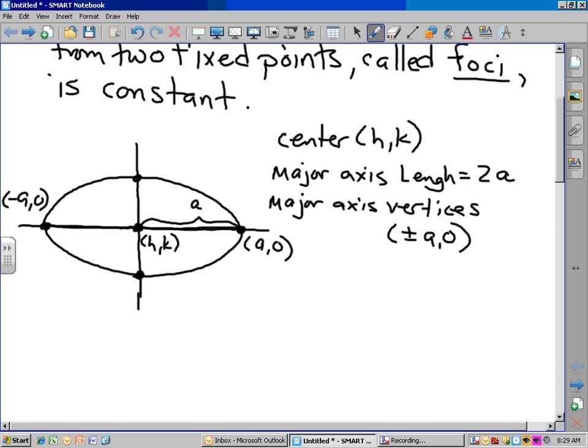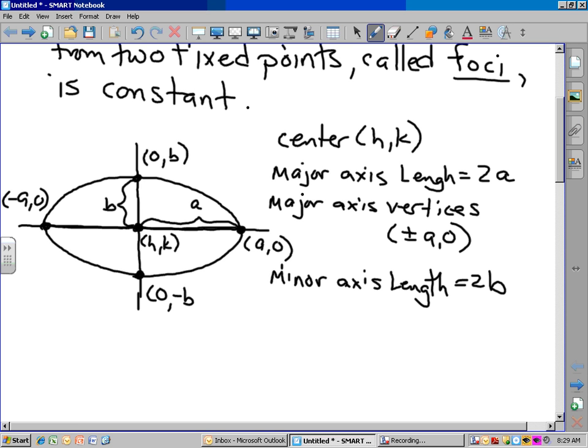Then we have what's called the minor axis length. That's 2b. That's this distance from top to bottom, the minor axis length. So half of that would be b. So since it's on the vertical, it's going to be (0, b) and (0, -b).